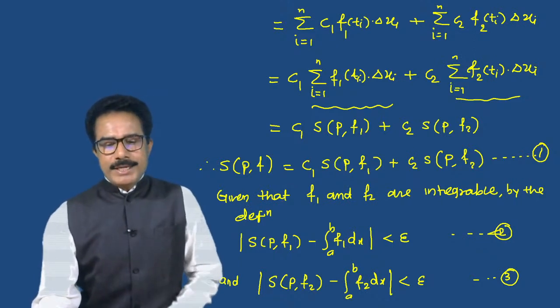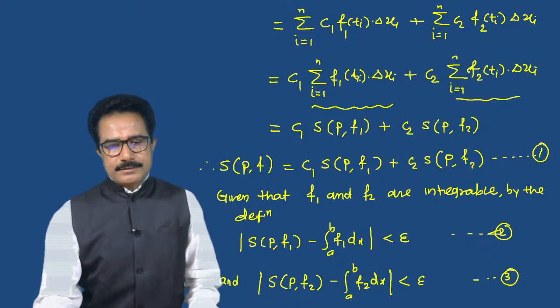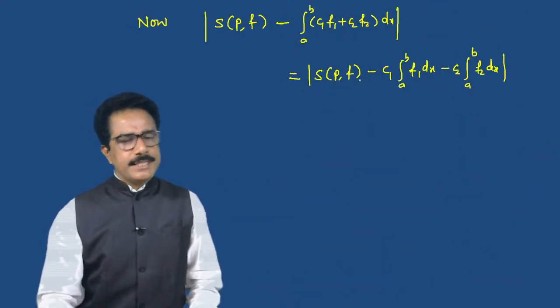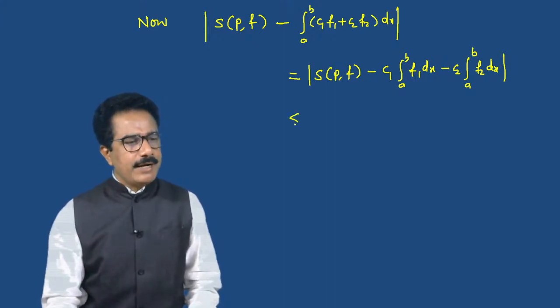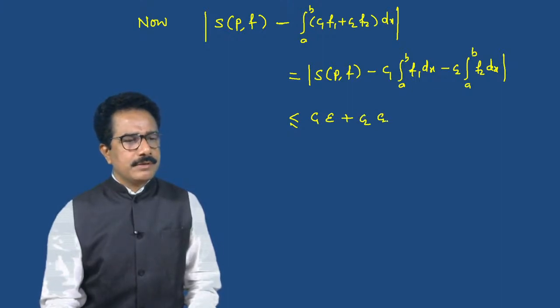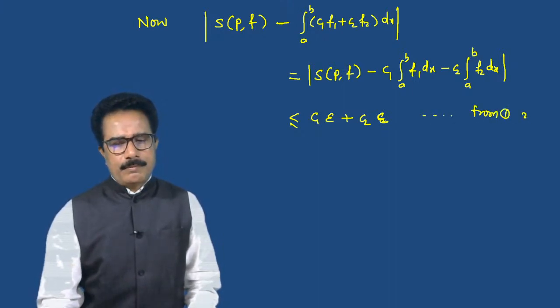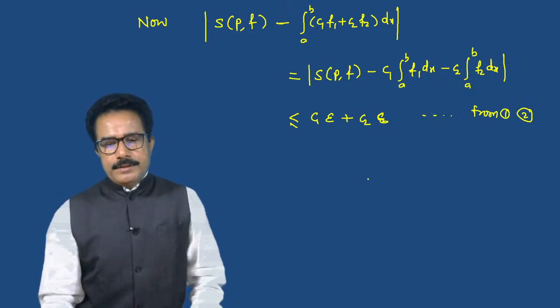So c1 is common, so we get this result, which is less than or equal to c1 epsilon plus c2 epsilon from 1 and 2.